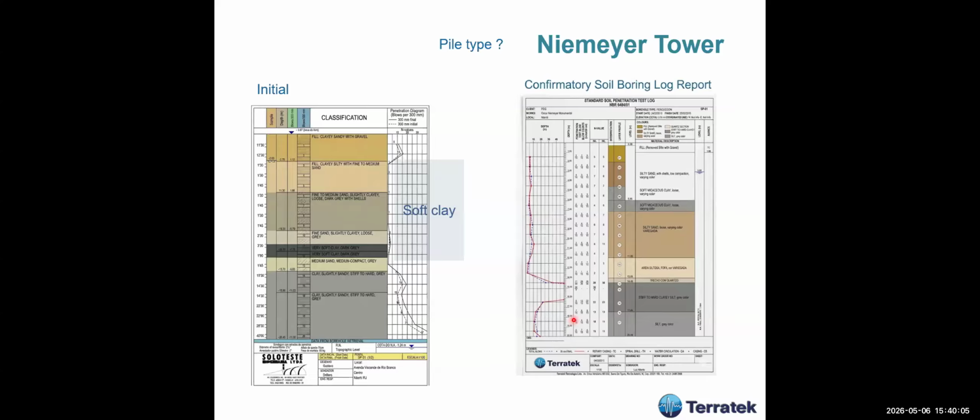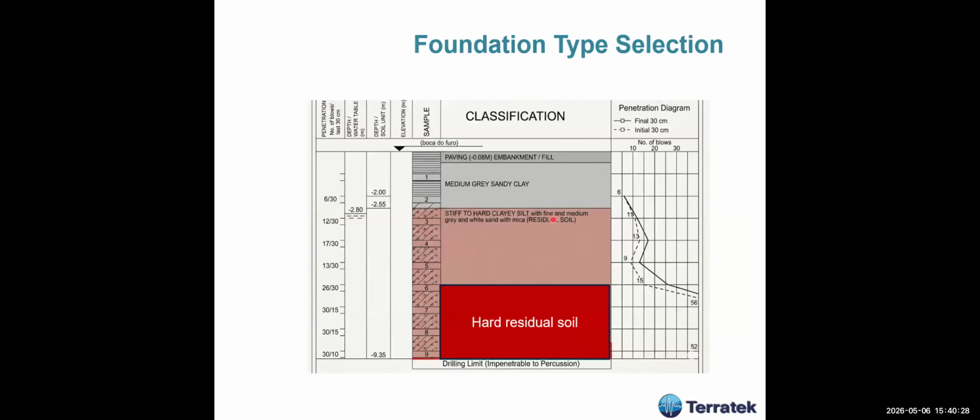Okay, so this is an example of the poor results that I received before, which led me to a very conservative design, and then I could improve the design when I received this borehole log.